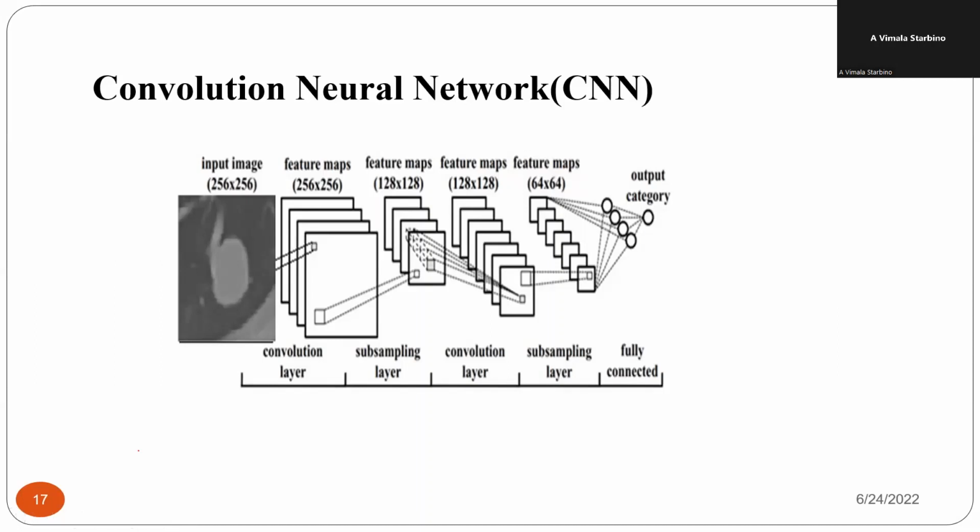Initially it takes only the corners and edges, then it goes deep into the low level features and removes the noise, and that is given to the next layer. Next is again a pooling layer, where more features will be extracted from the convolution layers. Like that, if you have five convolution layers, the noise will be removed five times, and features will be extracted.